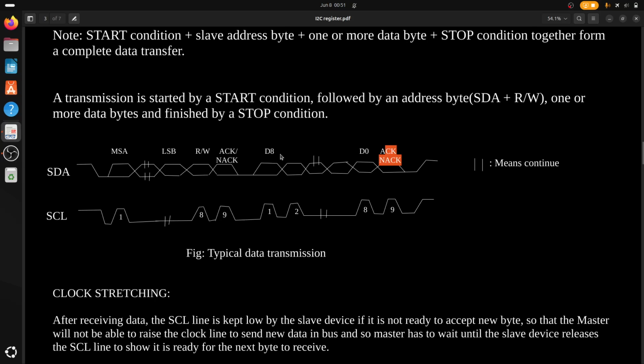But if you are sending one or more data bytes, this is only 1 byte. It's saying one or more data bytes. So here it is 9 clock cycles, but this can be many clock cycles depending on how many bytes you are sending, because each bit needs 1 clock cycle. So the more bytes you send, the more clock cycles you will need in the data transmission process.